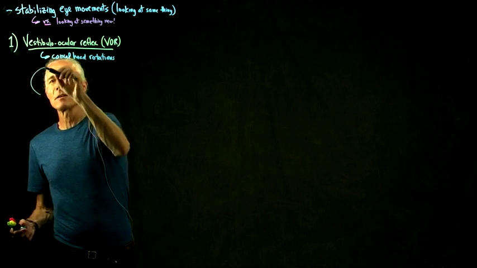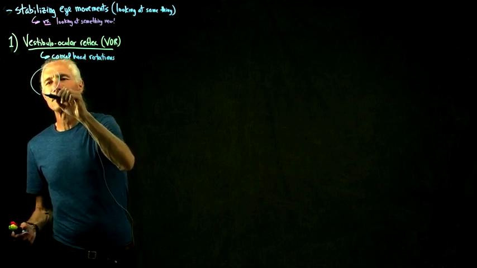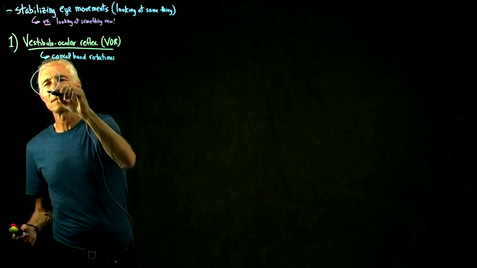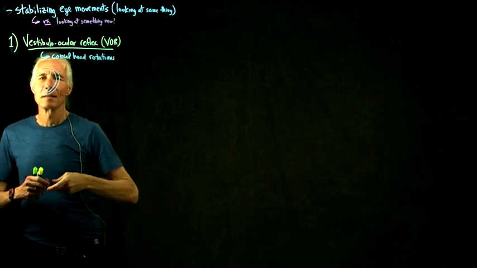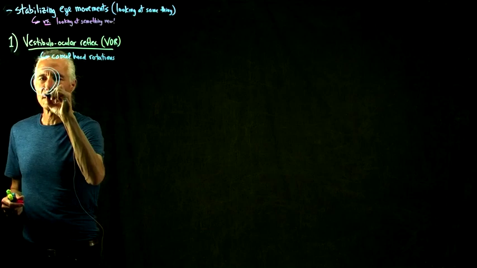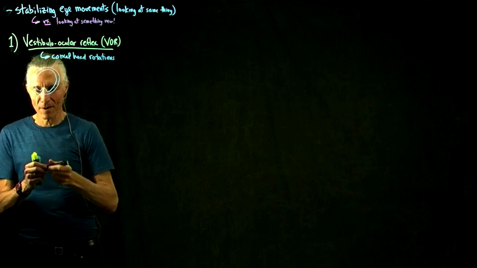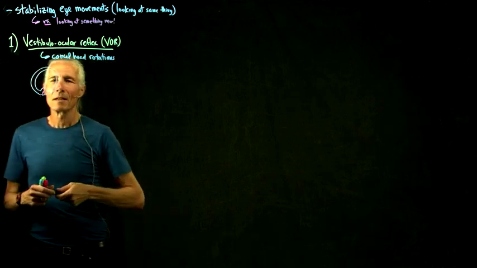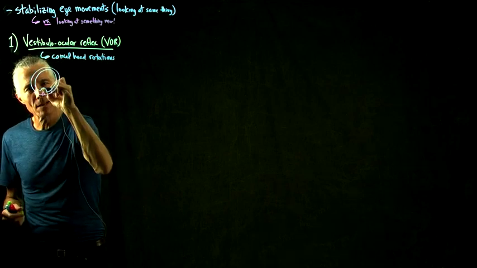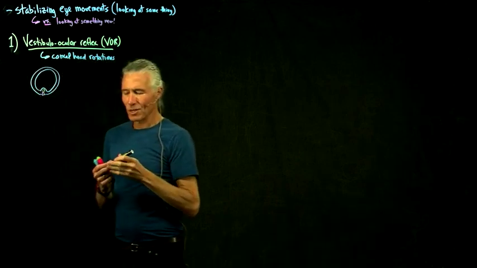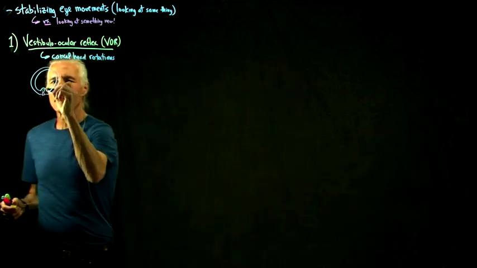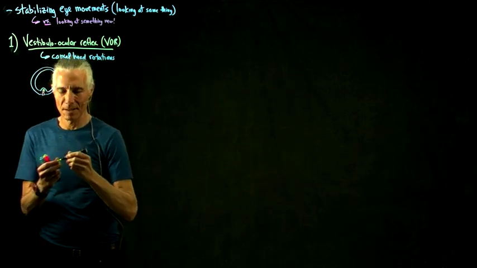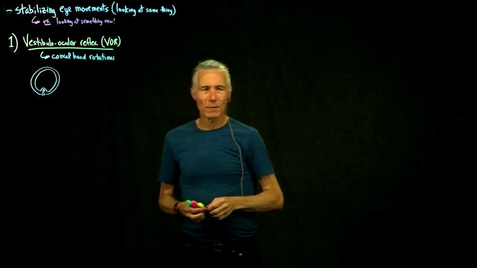It uses the semicircular canals, which, like I said, should be called the circular canals because they're actually circular, and they've got a little bank of hair cells in there. The hairs are embedded in a little gelatinous flap that's attached to the hairs, and the whole thing is filled with fluid.